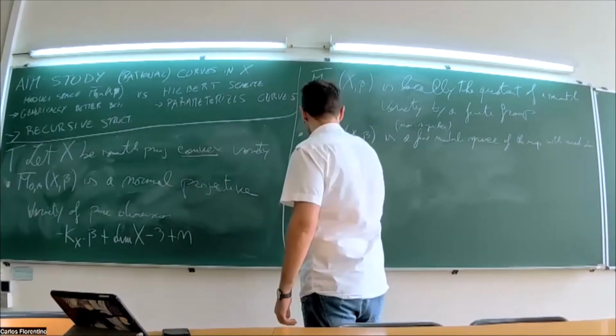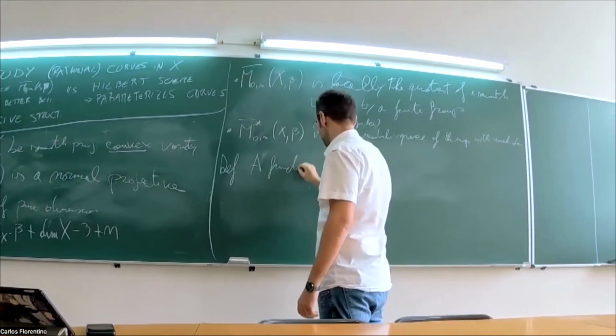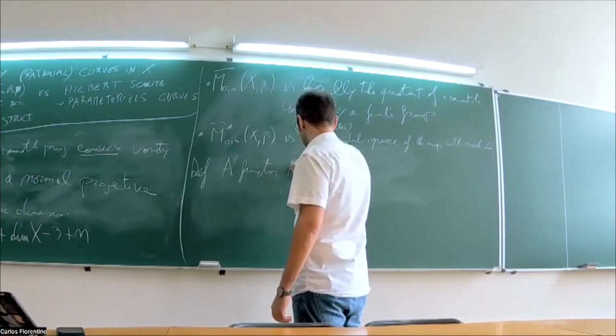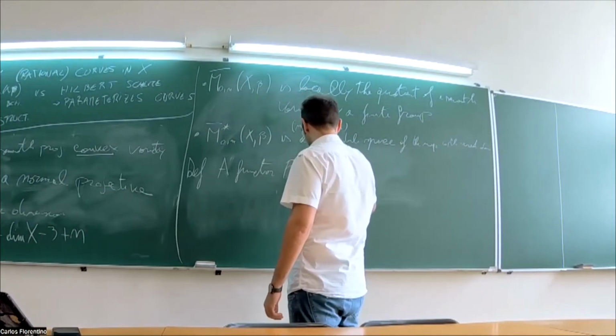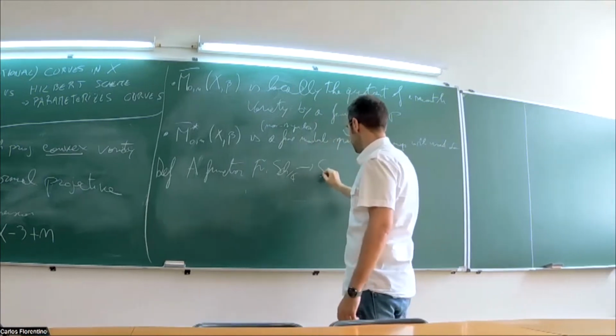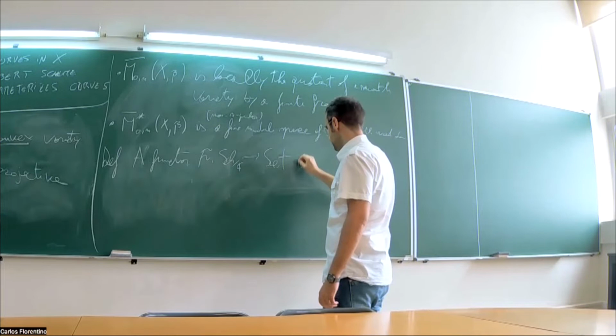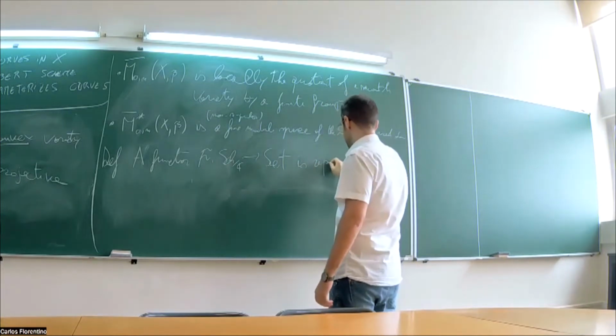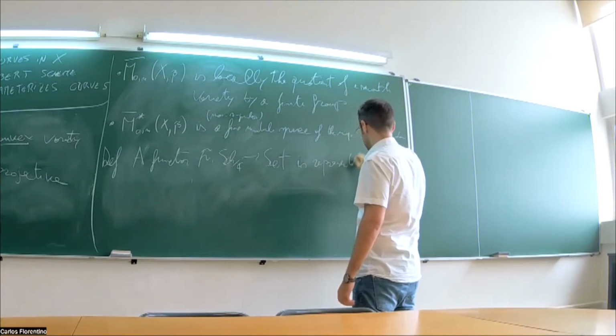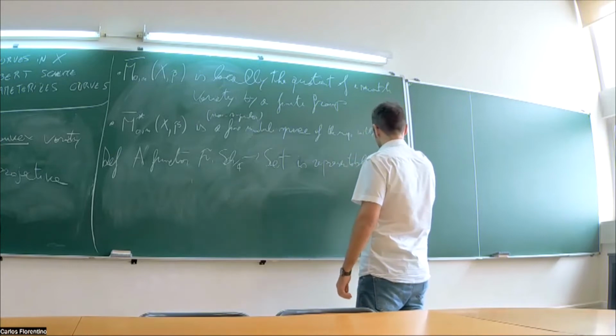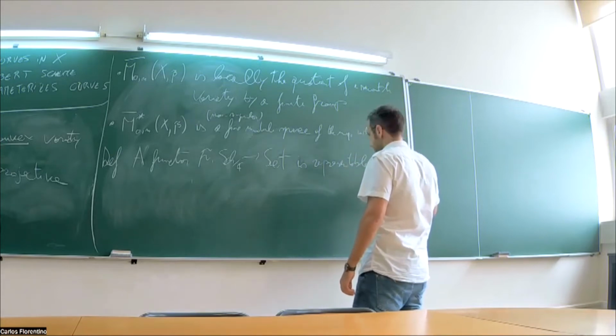Definition. A functor from the category of schemes to sets is represented by a scheme.